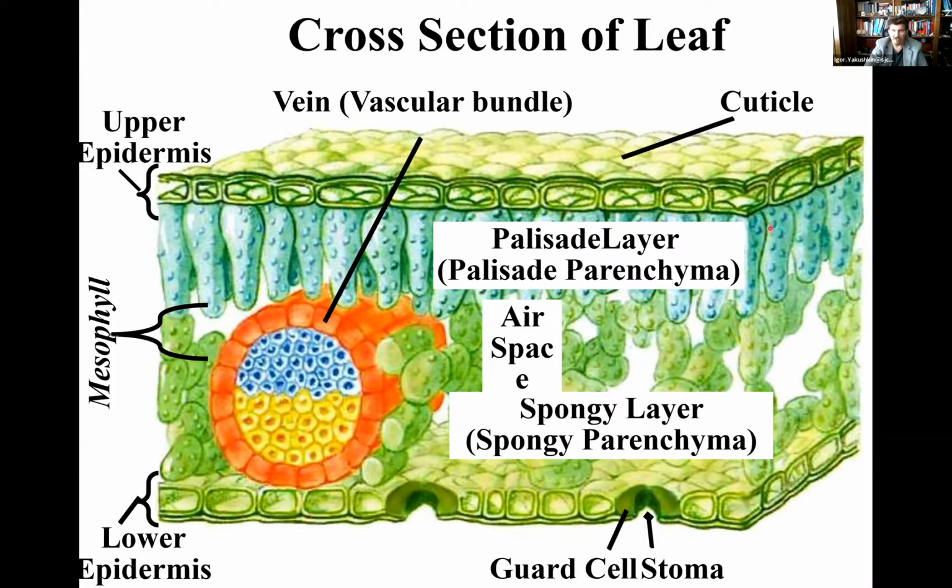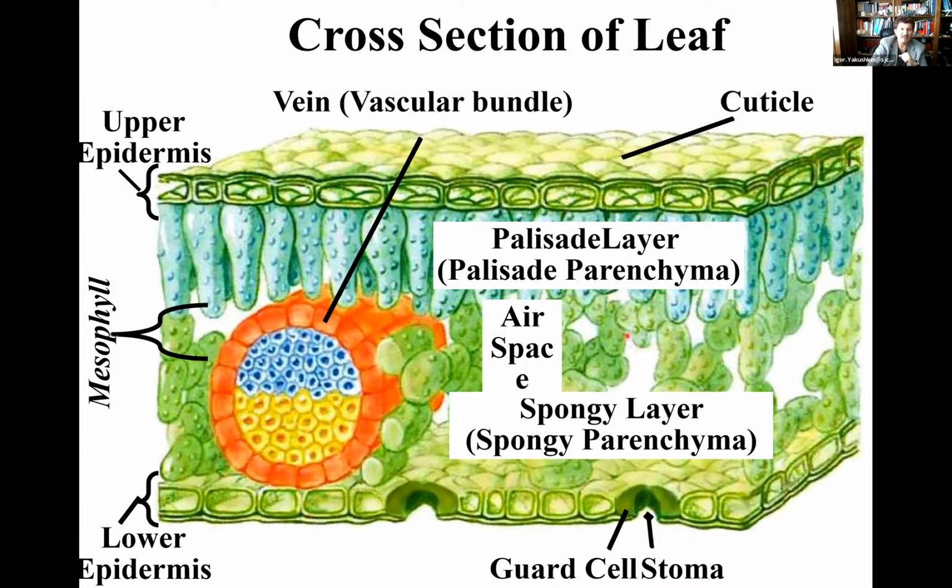The primary function of the palisade parenchyma is photosynthesis, because it's the upper part, and the sunlight hits those cells first. They're getting the most sunlight, so they are located right next to each other, not to lose any photon of light. So the palisade parenchyma cells are right next to each other, primary function photosynthesis.